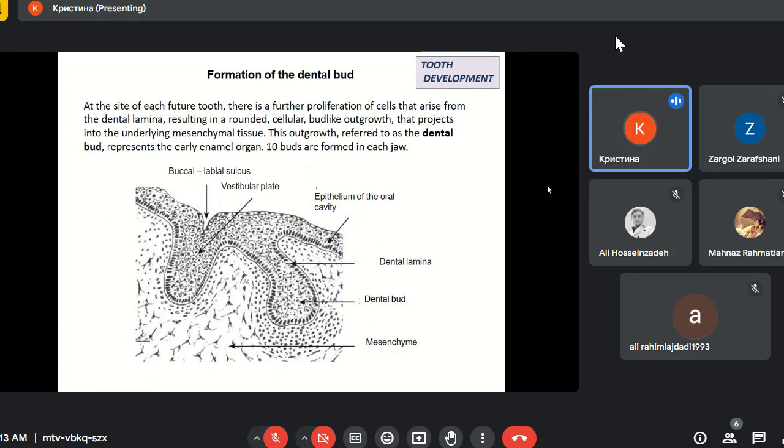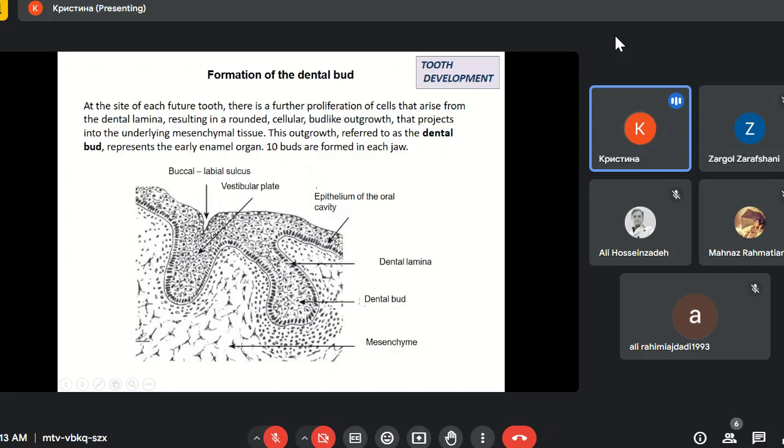Next, the dental lamina goes along the jaw, both in the upper and lower jaw, and then from the dental lamina, which is here, 10 dental buds start to be formed in each jaw. The dental bud is this thickening at the end of the dental lamina.